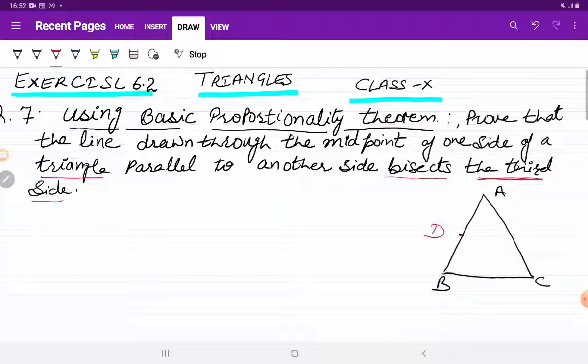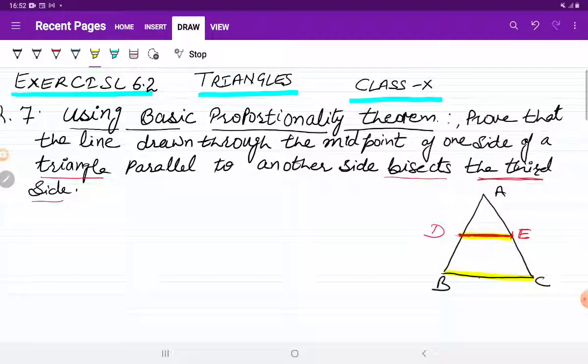The line which we are going to draw from point D is parallel to another side and bisects the third side. So from D I am going to draw one line, that is DE, which cuts line AC at point E and is parallel to the third side.